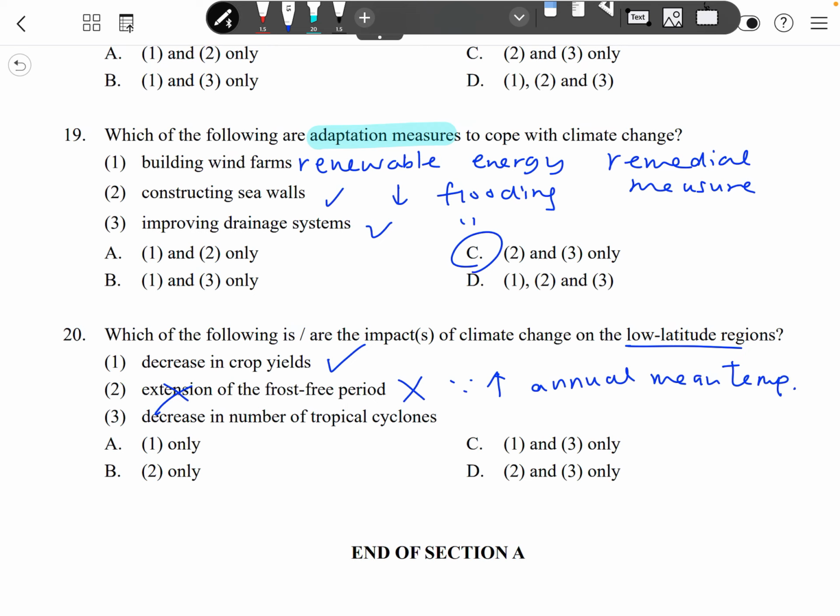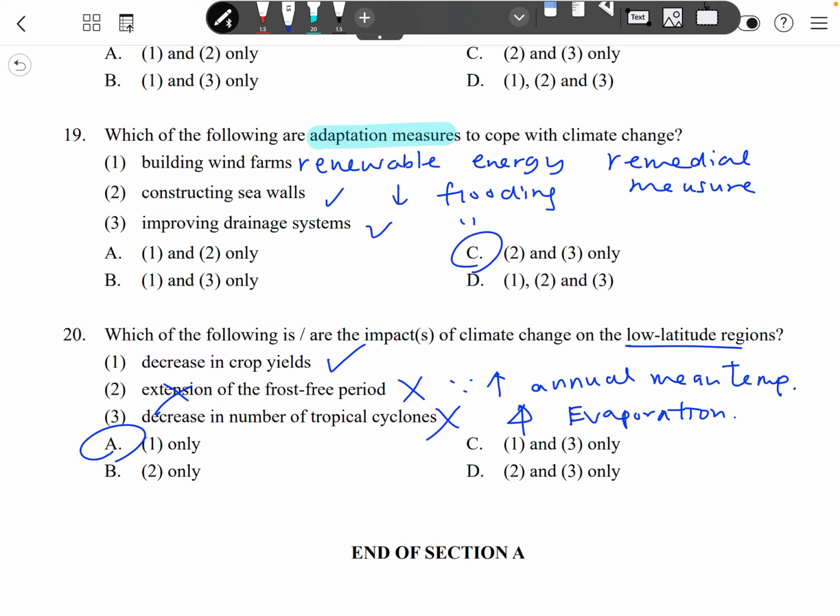Decrease in the number of tropical cyclones. No, it should increase because of more evaporation. So the answer should be A. So that's all for MC.